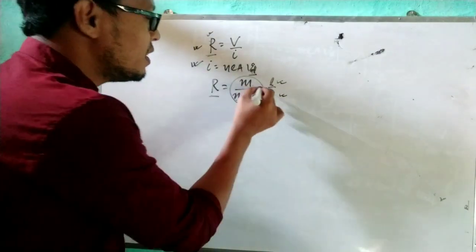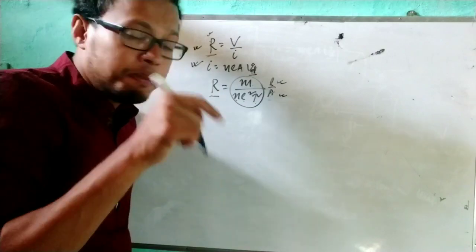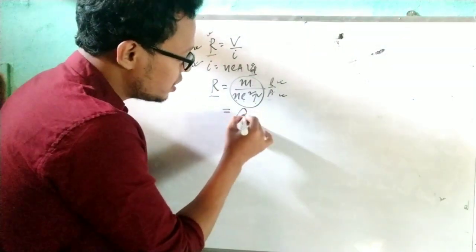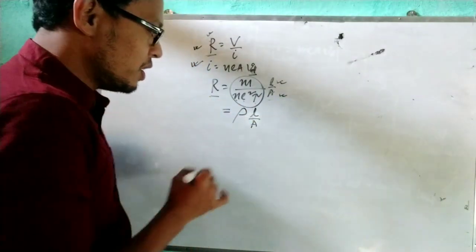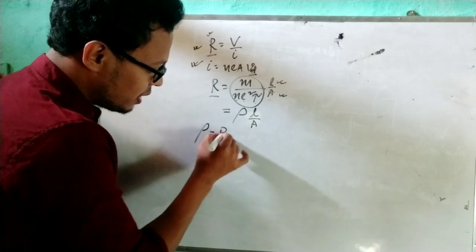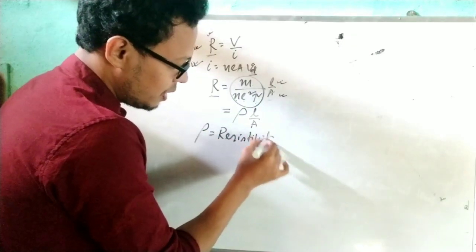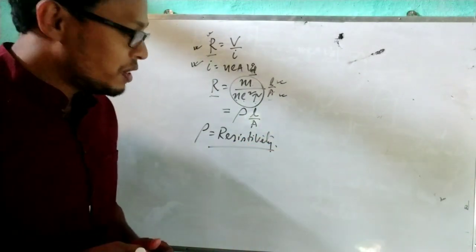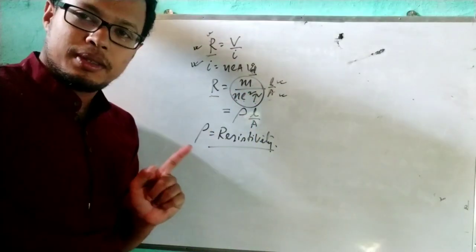Now we will replace this constant term, which depends on the property of the material, by one new term which is called rho. L by A was there. This rho is called the resistivity. Understood the concept? Resistivity is the property of the material which depends on the temperature.